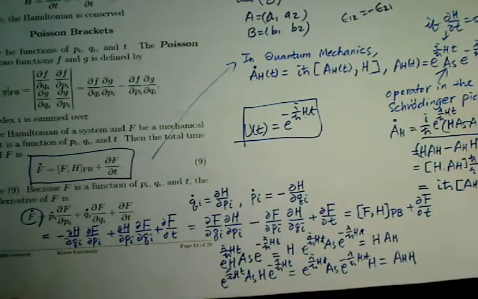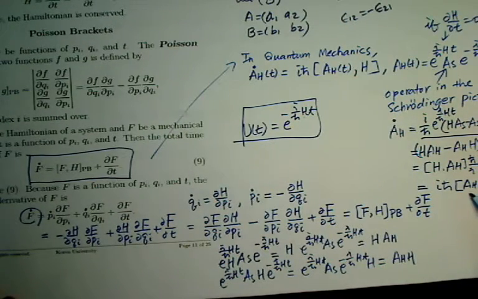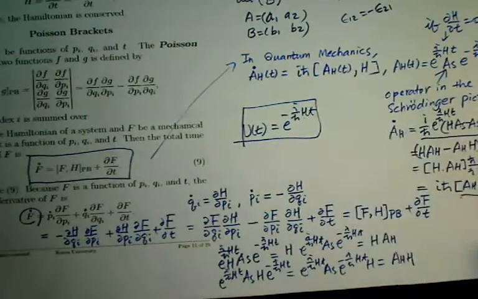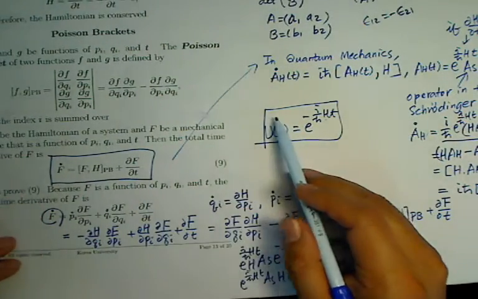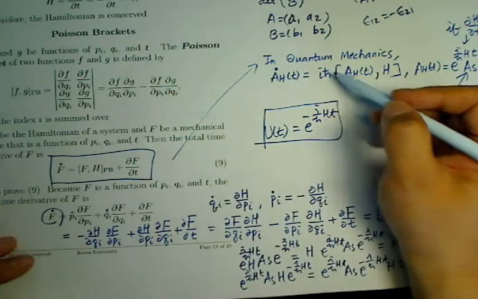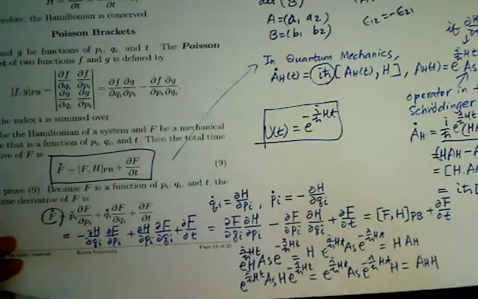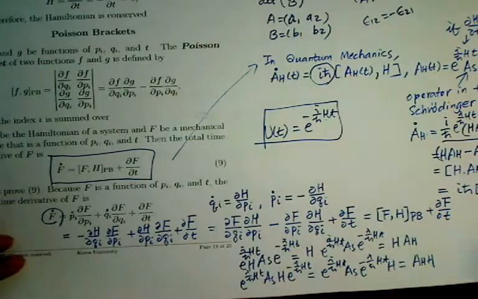The commutator of an operator with the Hamiltonian gives the time evolution of the operator. That is exactly equivalent to the quantum mechanical Poisson bracket, except that we have multiplied by i h bar.